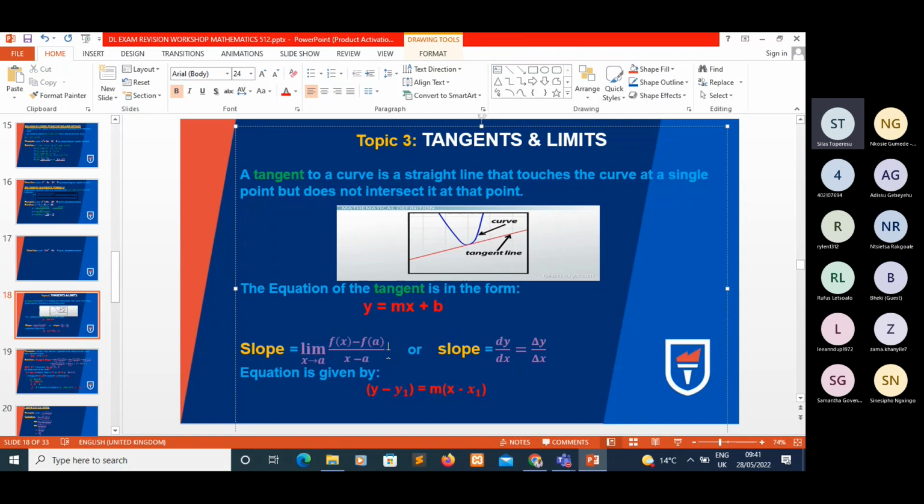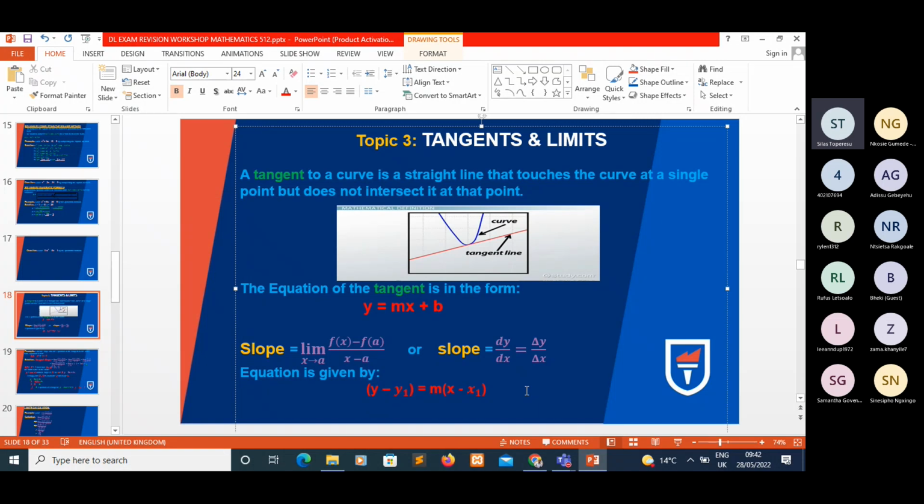This is the concept you can use to calculate a slope using the limit function in a tangent line. Or you can calculate a slope using dy over dx, which means you are differentiating. When you differentiate your equation, you can substitute the values and the value you get becomes the slope of that tangent line.